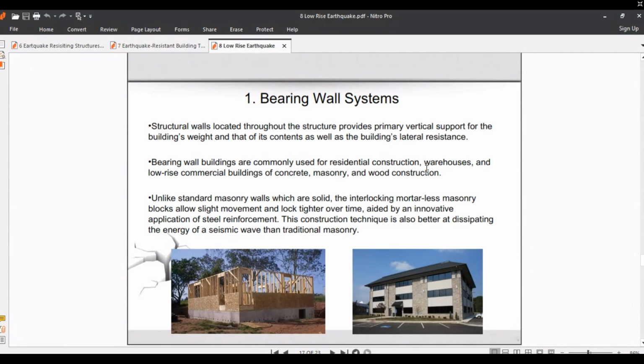This construction technique is also better at dissipating the energy of a seismic wave than traditional masonry. Masonry building, you can see it in these pictures.